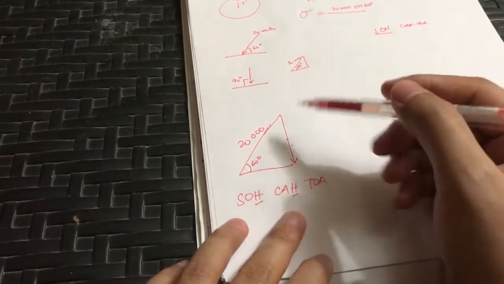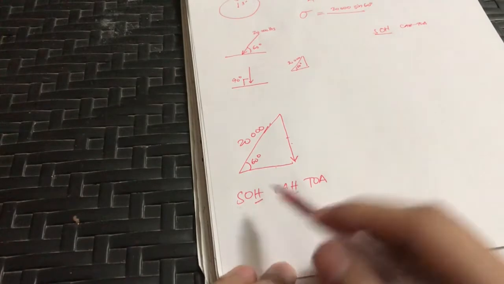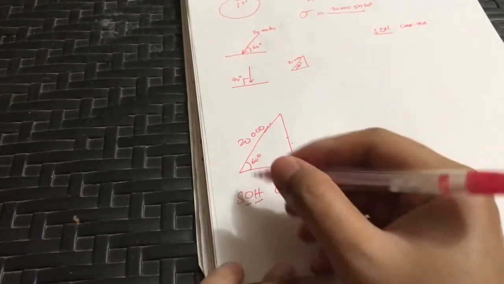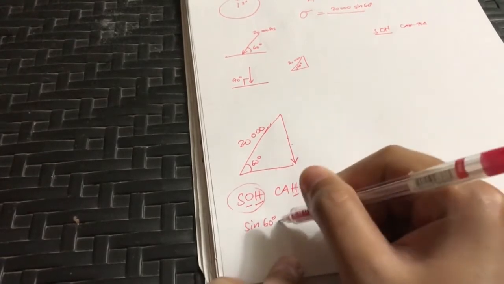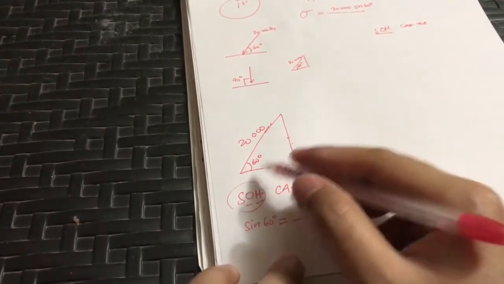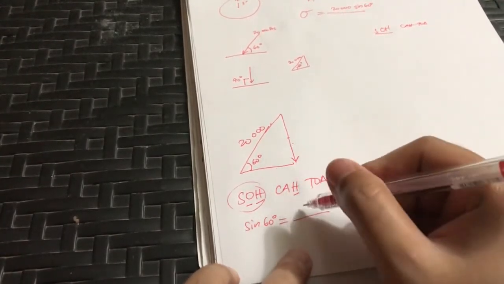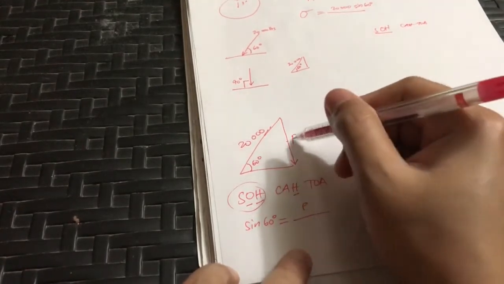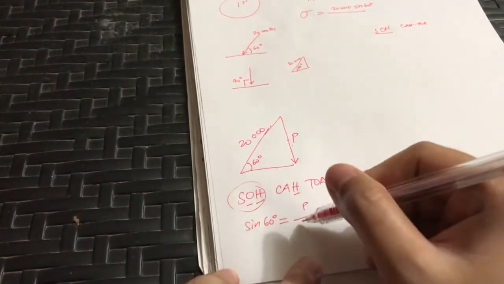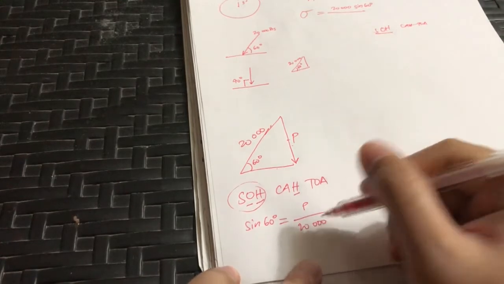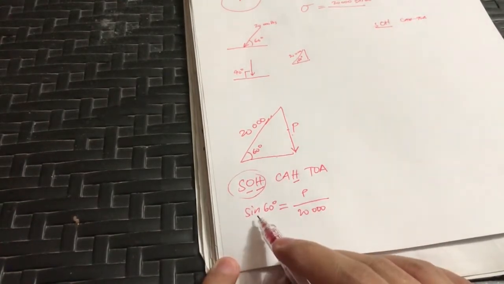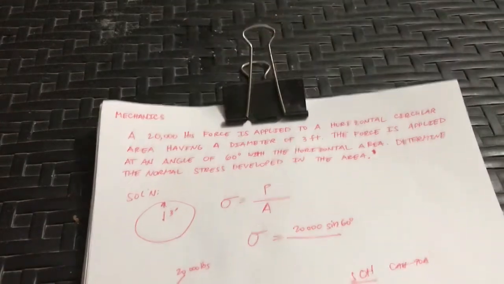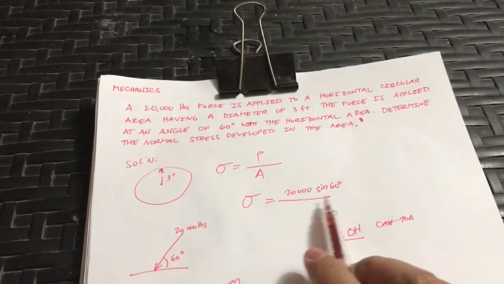Since that is opposite, we cannot use cosine, instead we need to use sine. So sine of 60 degrees is equal to the opposite, which is P, all over the hypotenuse, which is 20,000. Rearranging, 20,000 times sine 60 degrees is equal to P.